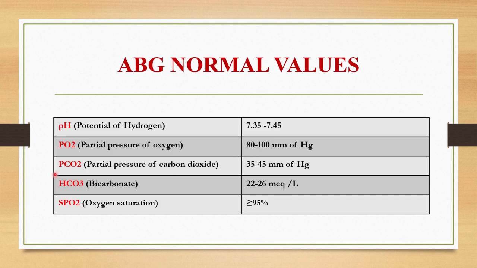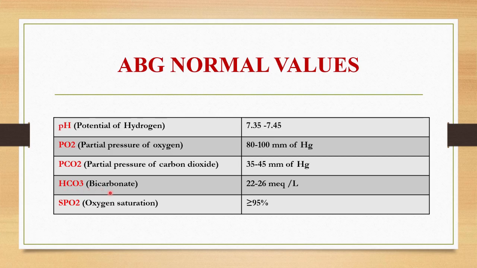Next one is PCO2, partial pressure of carbon dioxide. That is the amount of dissolved carbon dioxide in the blood. And the normal value ranges from 35 to 45 millimeter of mercury. Next one is bicarbonate, HCO3.